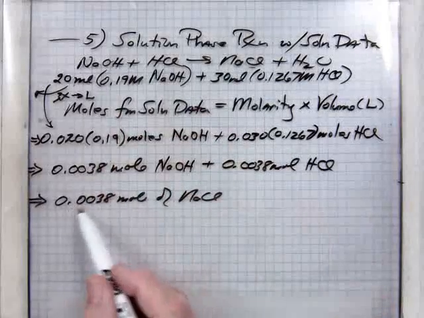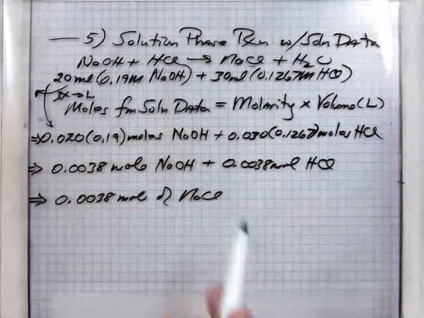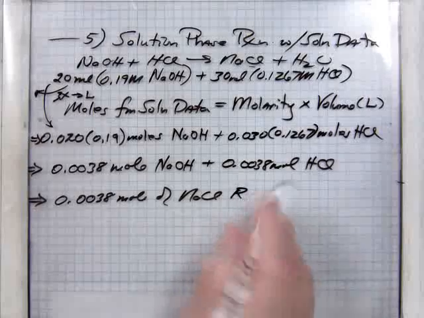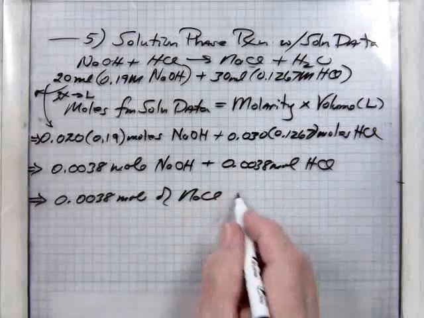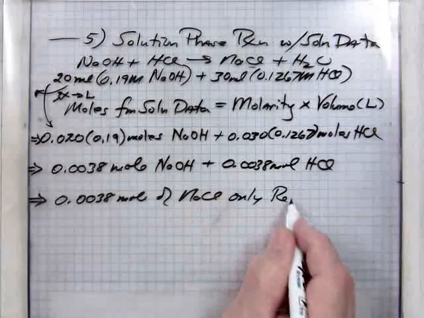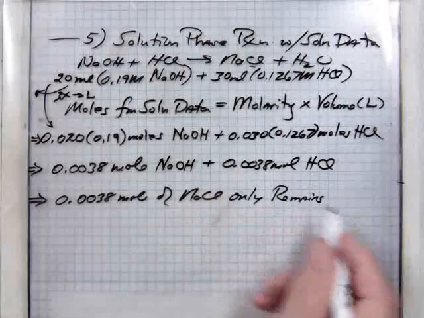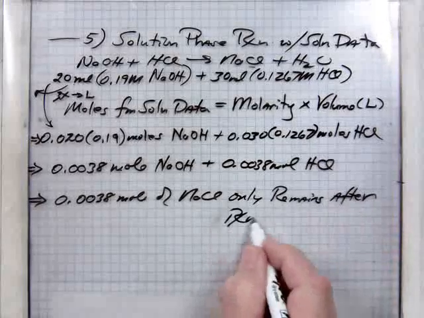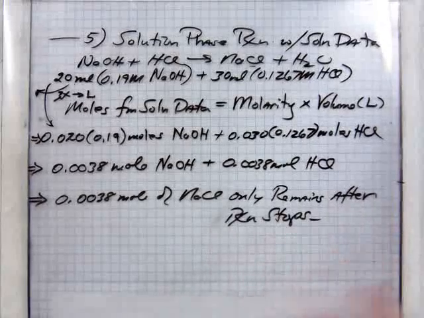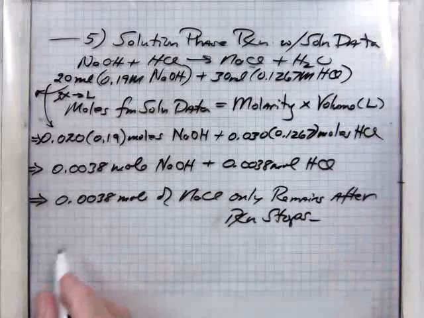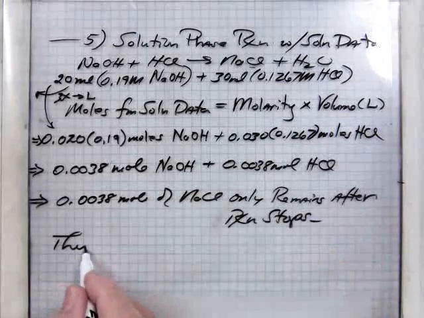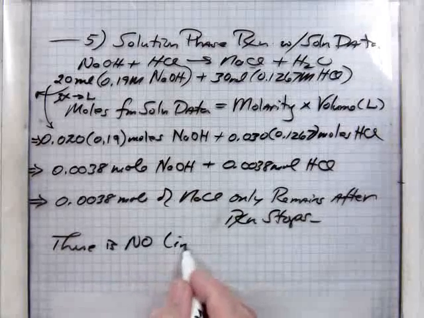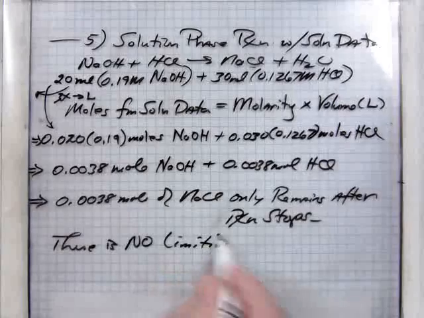And so you get 0.0038 mole of sodium chloride remaining. And of course there is no limiting reactant.